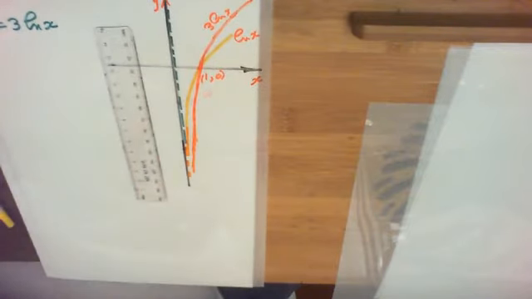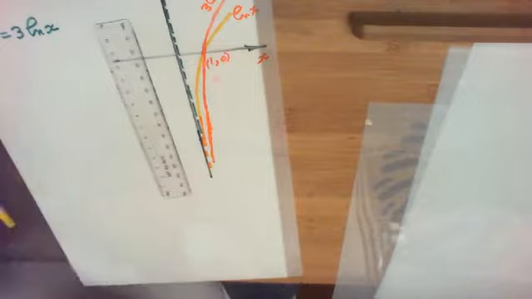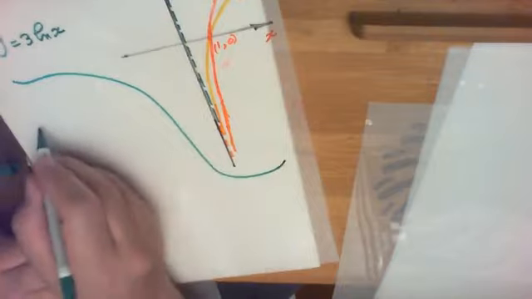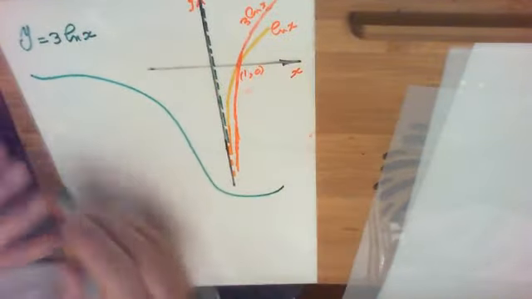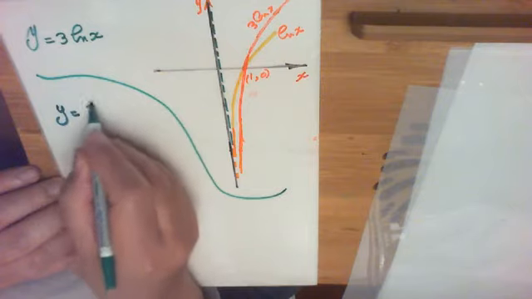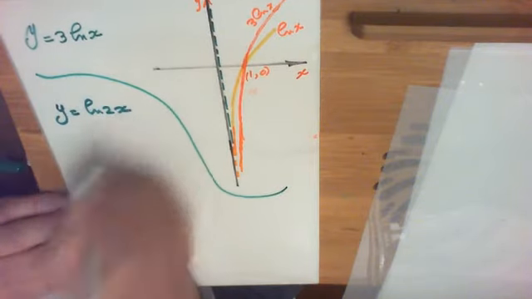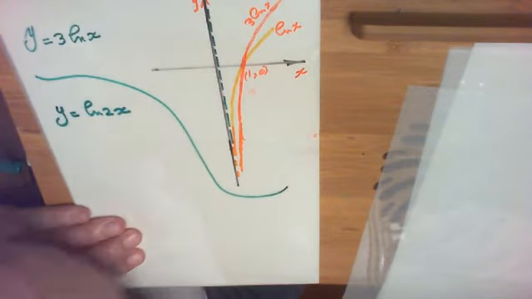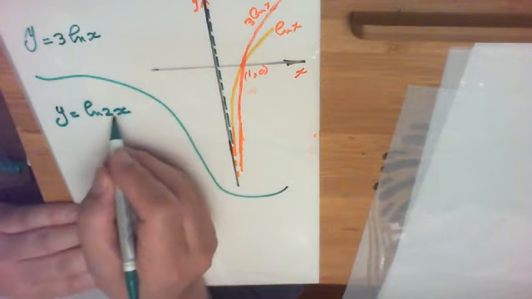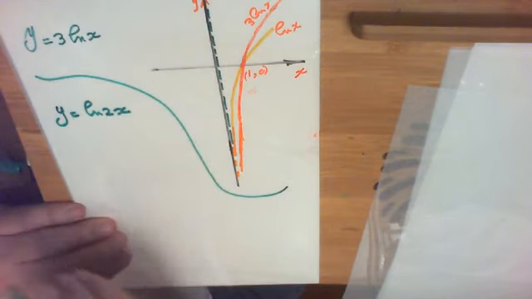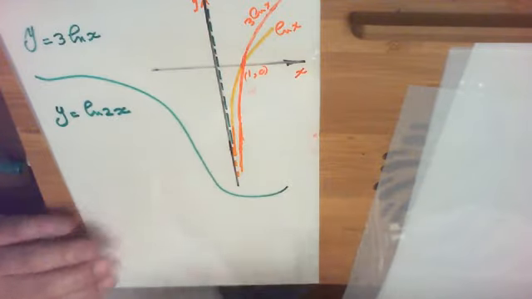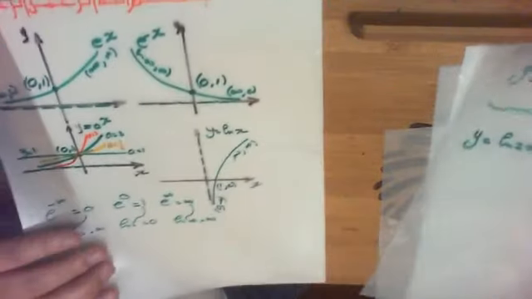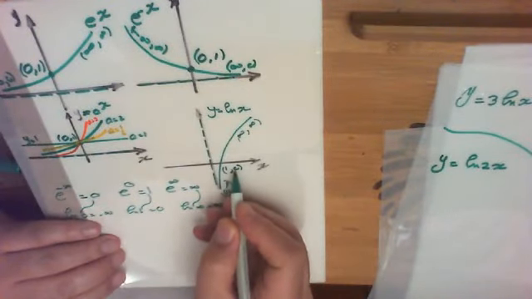Okay, another problem, y equals ln 2x. As we know, when this value is 1, ln 1 is 0. This value is 1 when x equals half. So in the standard curve, when x equals 1, ln x equals 0.